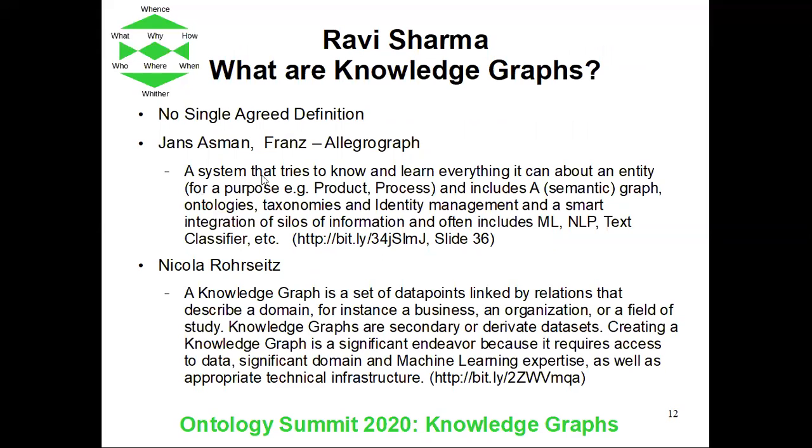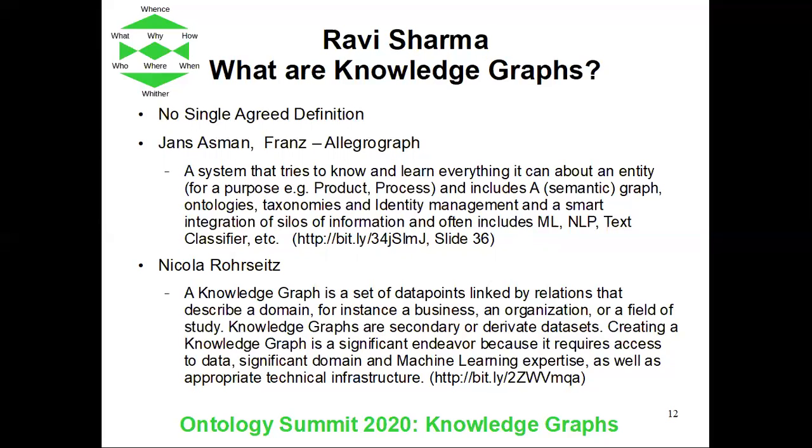I went and searched mostly on Google Scholar, Advanced Google, and so on. Continuing from my last few slides on what is a knowledge graph, and found that there is no single agreed definition. But we heard one of the speakers, Hans Assmann from Franz Allegrograph, who said that it is a system that tries to know and learn everything it can about an entity.